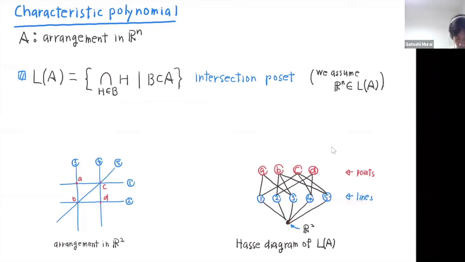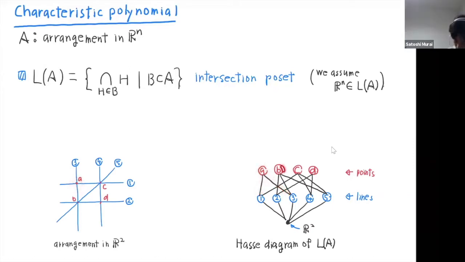Then, for example, consider this point A. The point A is contained in line 3 and line 1, so we have a relation between 1 and 3.